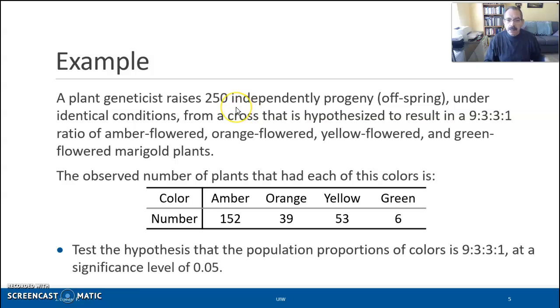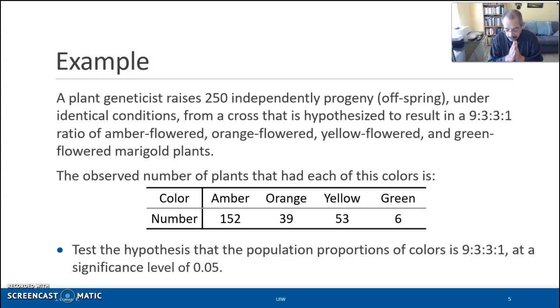So this particular cross that was performed is supposed to produce plants with flowers of these colors in this ratio. Now, that's what the geneticist thinks is going to result from this cross.